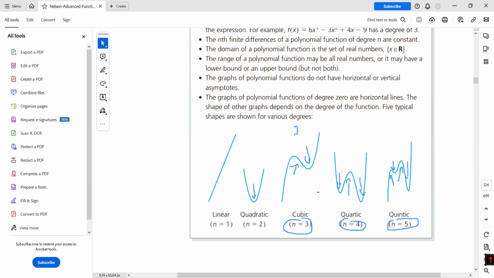You see, we have 2, 1, 0, 3, 4. And simply by remembering this property, you can figure out how to sketch any of these functions.